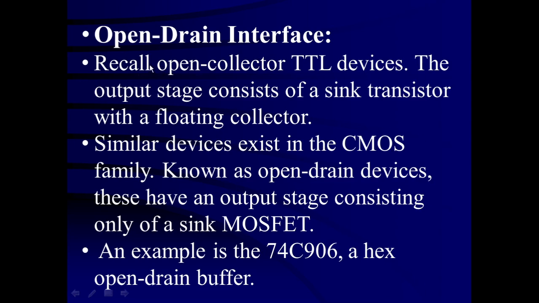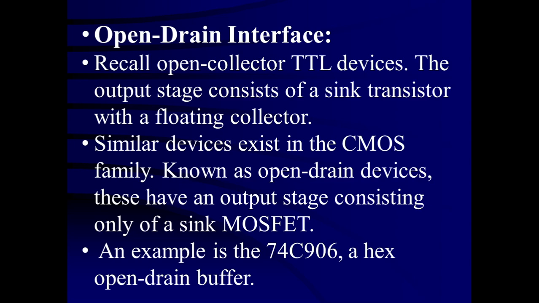The third type of connection is called the open drain interface. Just like open collector TTL devices, open drain CMOS devices are also available. That means in the output stage, instead of two transistors, only the n channel sink transistor is present, and the drain of the sink transistor remains floating.